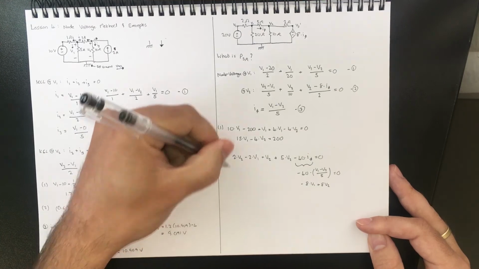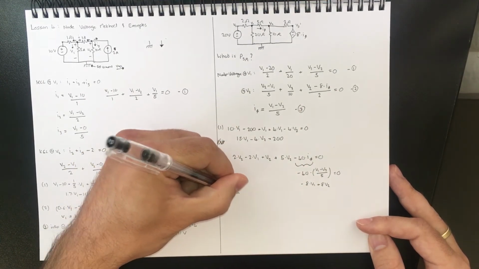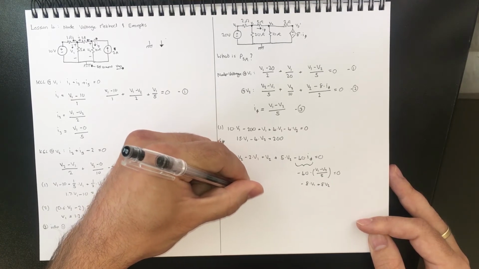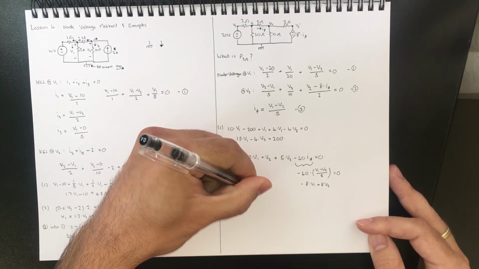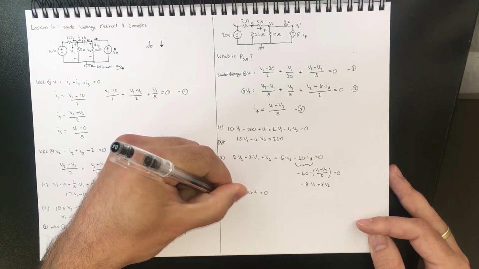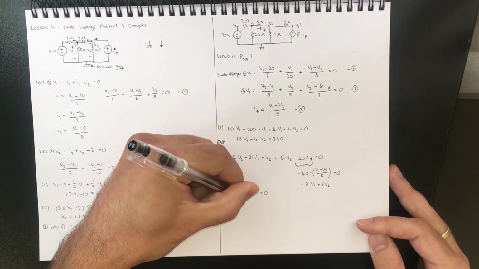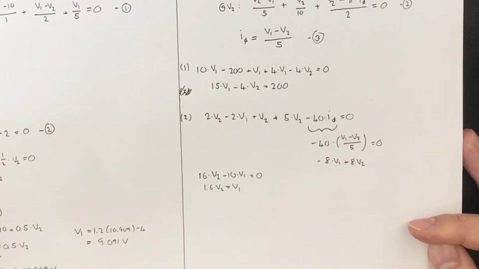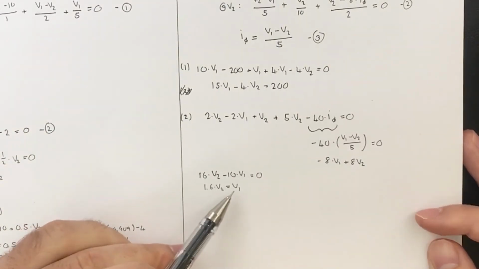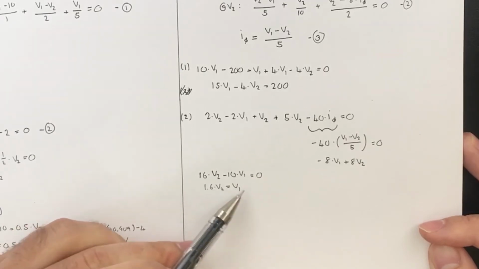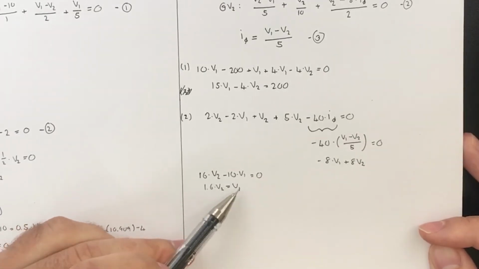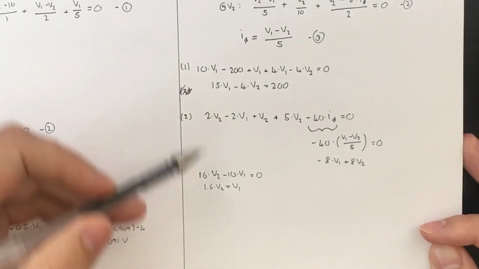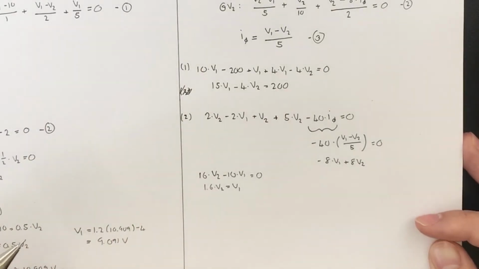So from here, we get 16 V2 minus 10 V1 equals 0. So 1.6 times V2 is equal to V1. So this is useful. Now we have V1 in terms of V2. Then we can substitute this into our first equation to get either V2 or V1.